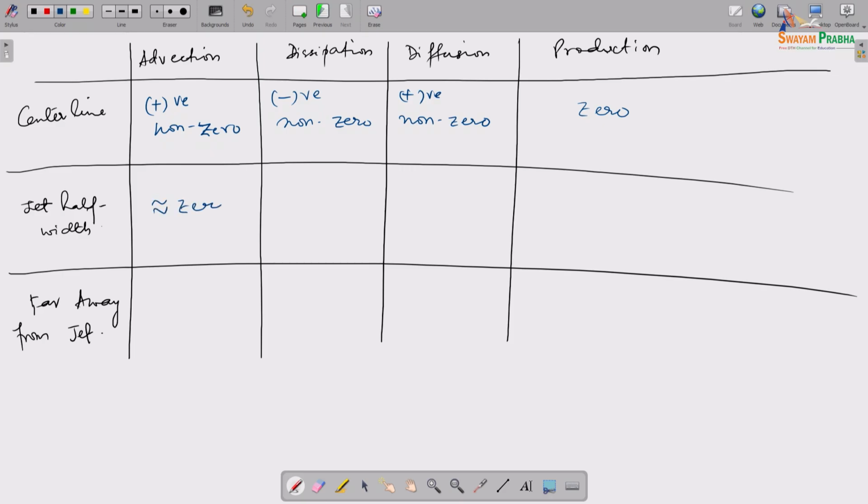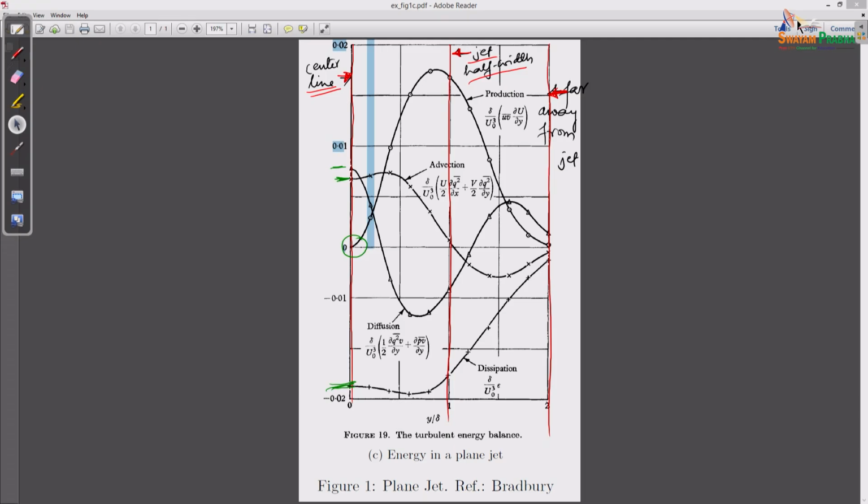Production is the highest. Production is considerably large, quite positive, compared to the previous case. So the production of energy is pretty high, nearly maximum.